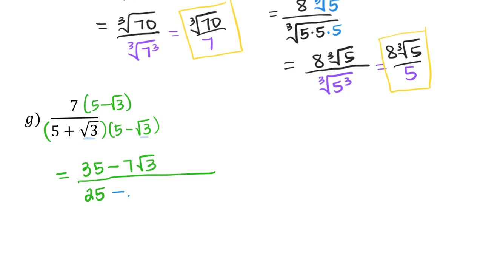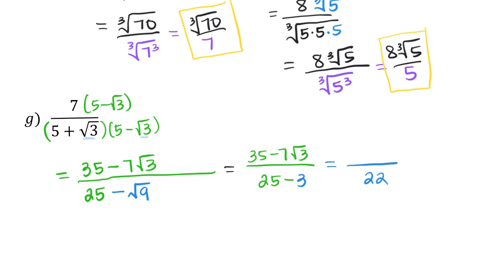Root 3 times root 3 is root 9. At the bottom, I have 25 minus 3, which is 22. And this is considered a better answer because there's no longer a radical at the bottom.